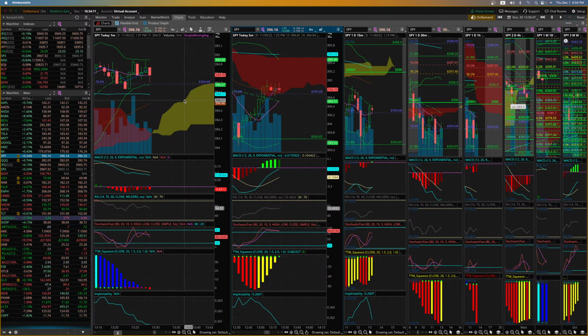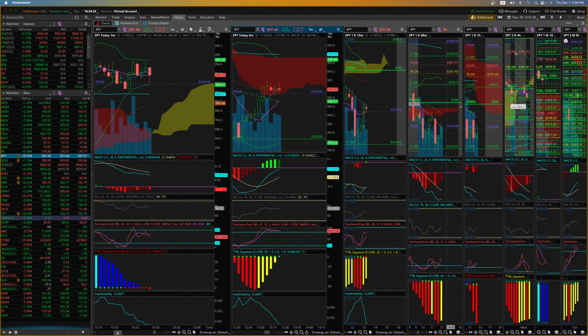I just want to show you the move that happened on SPY. When it goes on demand, it's just too much data, so it's slower. Right now the SPY shows 397, but this is not moving, so I'm just gonna fast forward 10 minutes maybe.